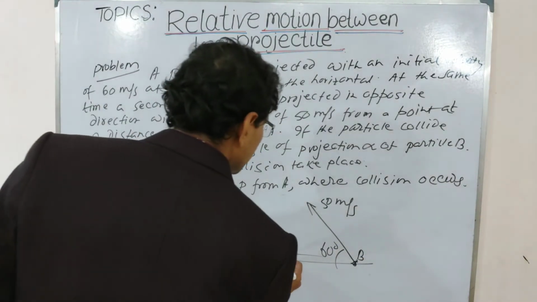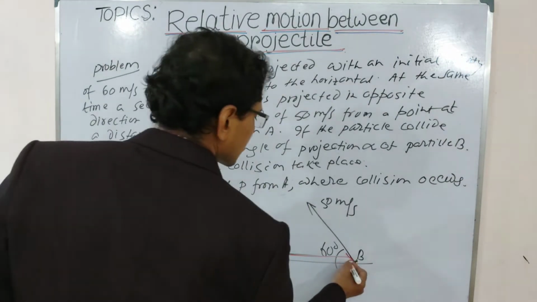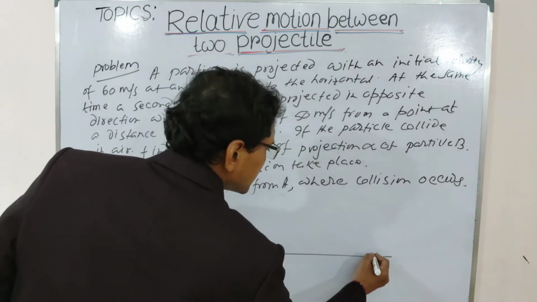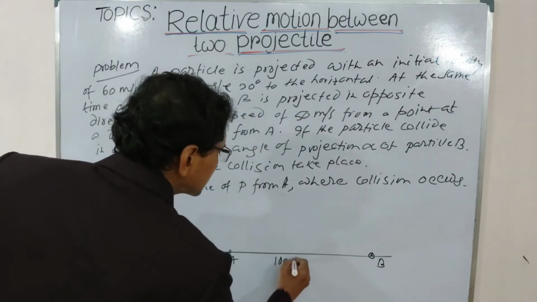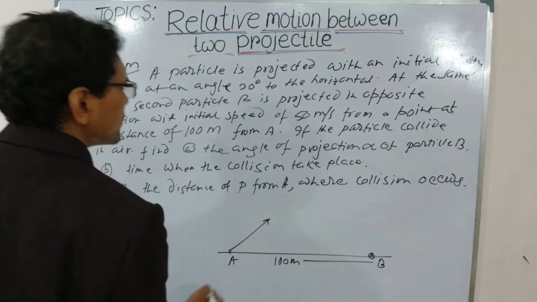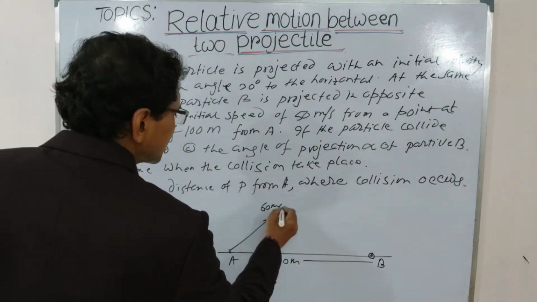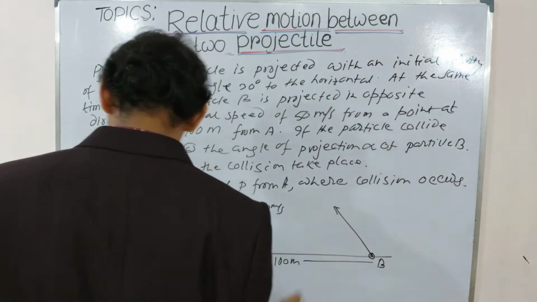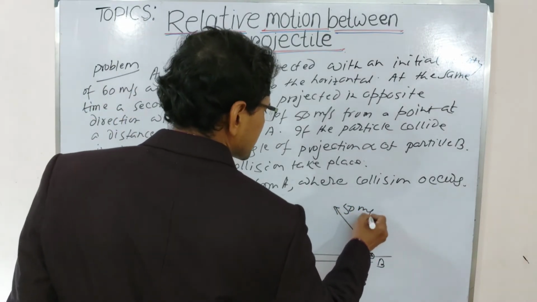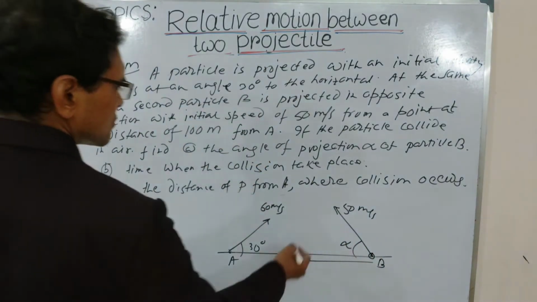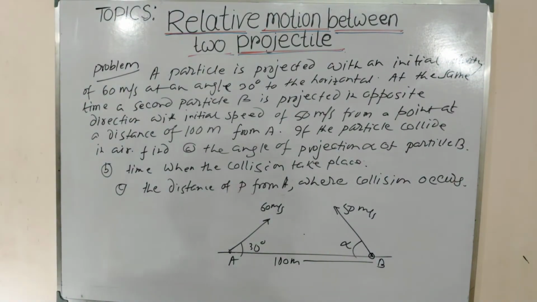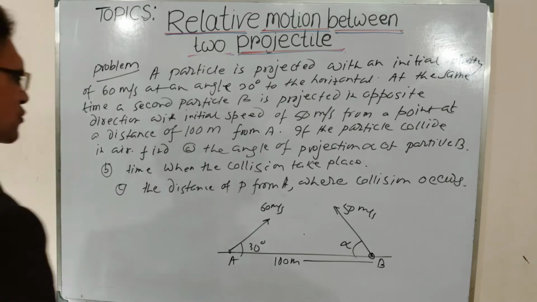Suppose here is particle A and here is particle B. A is projected with velocity 60 meter per second at an angle of 30 degrees, and the other particle is projected with 50 meter per second at an angle alpha. So this is the diagram. Now we have to find the angle of projection alpha, the time when the collision takes place, and the distance of P from A.